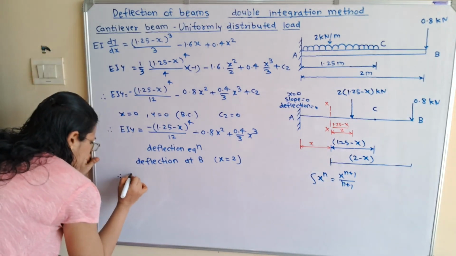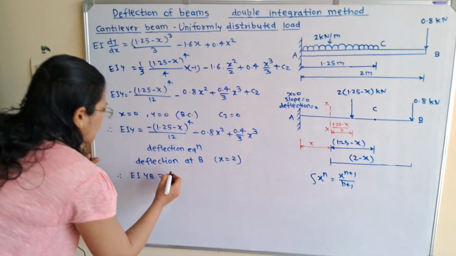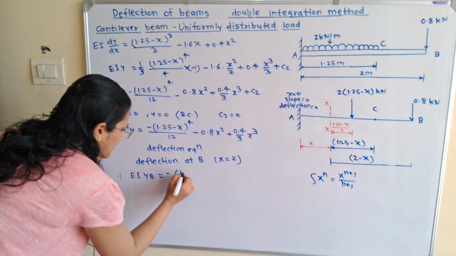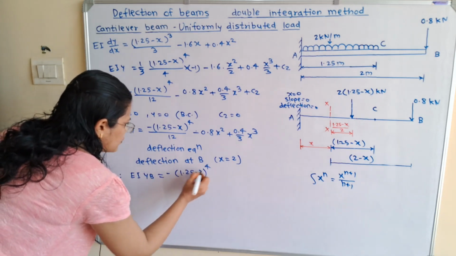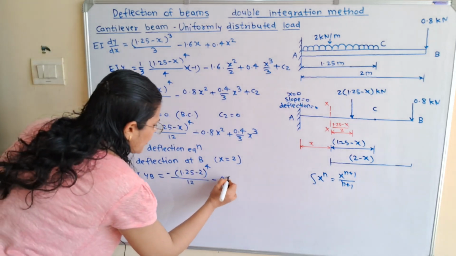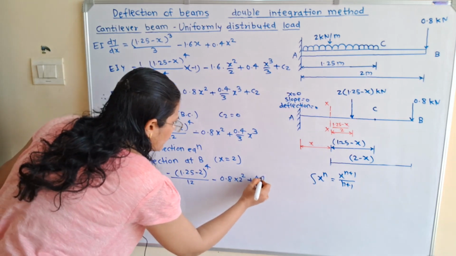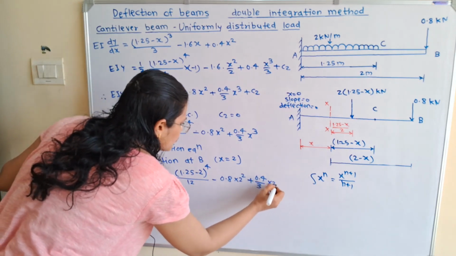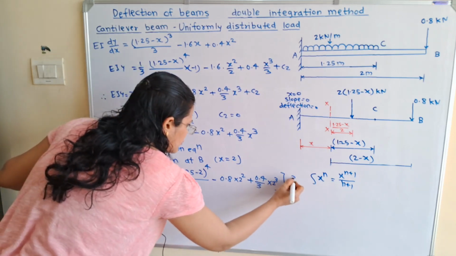So therefore I will write EI YB is equal to, now here minus, inside the bracket, 1.25 minus 2 bracket raised to 4 divided by 12 minus 0.8 into 2 square plus 0.4 by 3 into 2 cube, bracket complete, into 10 raised to 3.